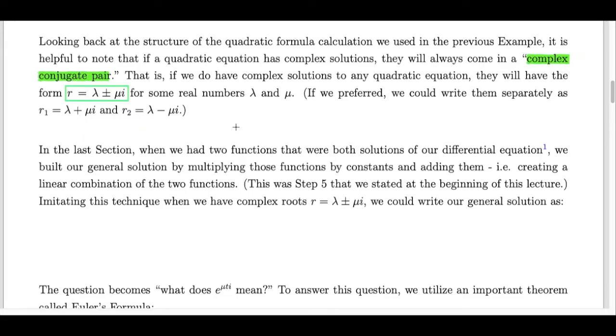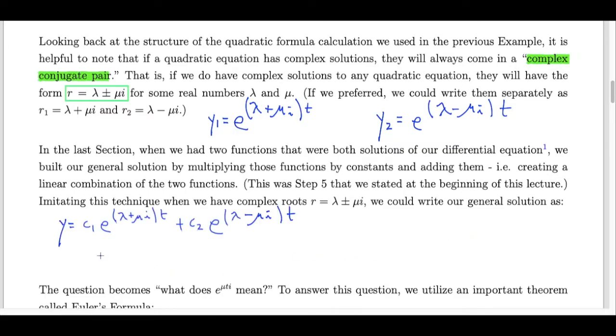So we could write two separate solutions where I've put each r value in the exponent, the same way we did in the previous section. And then, as I've indicated in this next paragraph, we could imitate step 5 from above by creating a general solution out of these two by multiplying each by a constant and then adding the resulting components. So in a certain sense, this is technically our general solution.